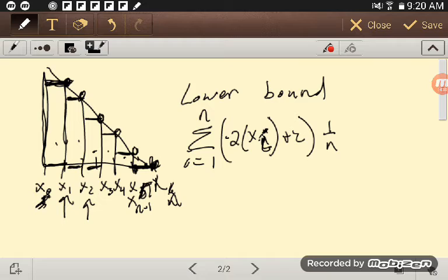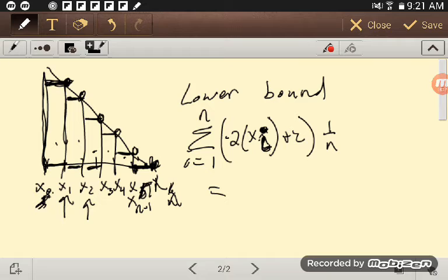So this is a nice thing about calling this first spot x0 and so forth. I get a pretty nice formula here. So the width, delta x sub i, that's 1 over n. So that's my lower bound formula. And I could actually add this up a little more by putting in what these values are.